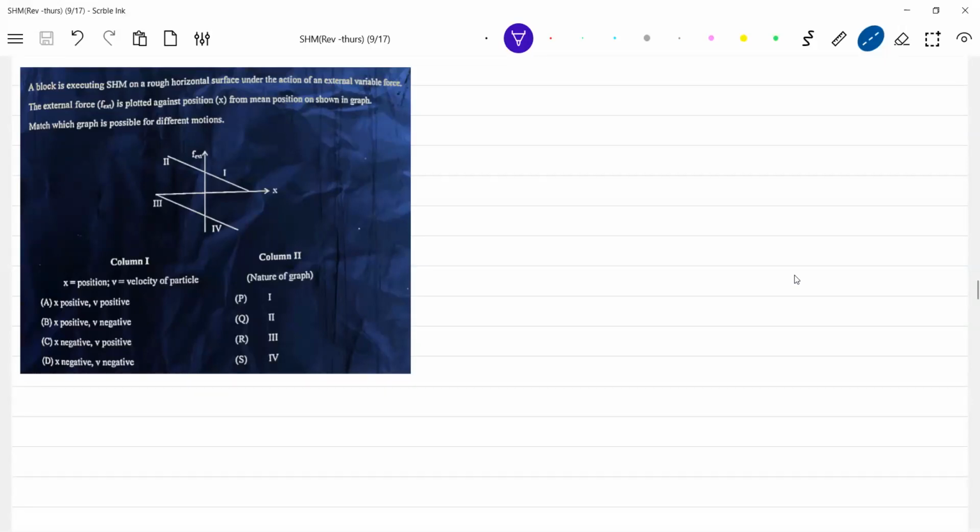F external is along the x-axis. We have the x-axis defined. If F external is positive, the force will be towards the right. If F external is negative, the force will be towards the left. That is the convention.